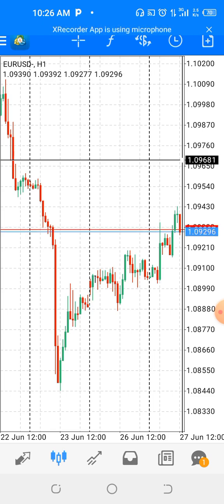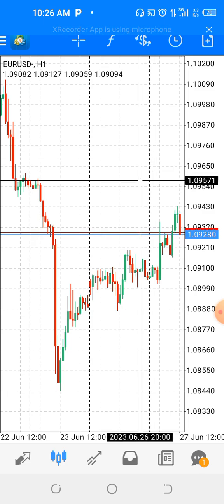There are charts that don't include the fifth one, where you only see 4 digits, but this chart has the fifth digit, which is called the pipette. But our concentration is on the fourth one. So the pip here is actually the fourth digit. And I'm going to show you how to calculate the pip.